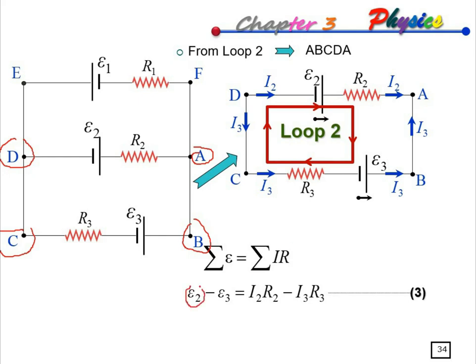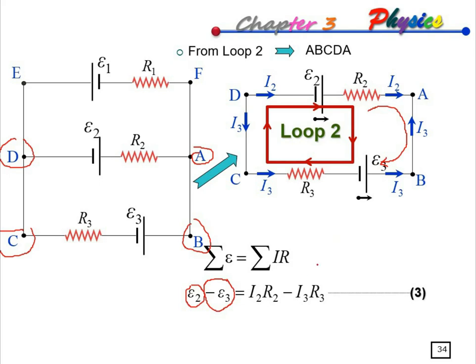Then for E3, look at it: the direction of E3 is opposite to the direction of the loop, so E3 is minus. Here we have minus E3 equals the product of current times R. We have two resistors here, R2 and R3.